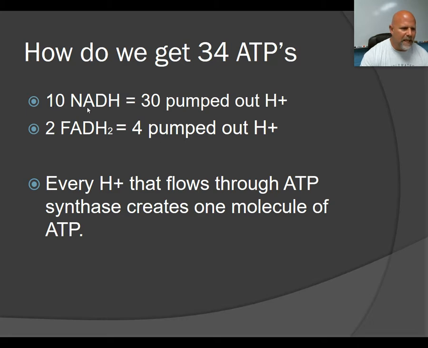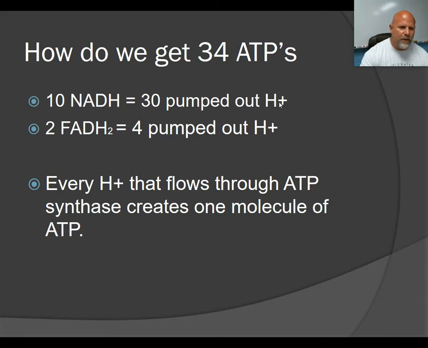We have 10 NADHs, and each one of those is going to pump out 3 hydrogens. Okay, where do we get our 10 NADHs? We got 2 of them from glycolysis. We got 2 of them from the link reaction, and we got 6 of them from the Krebs cycle. So that's 10 NADHs.